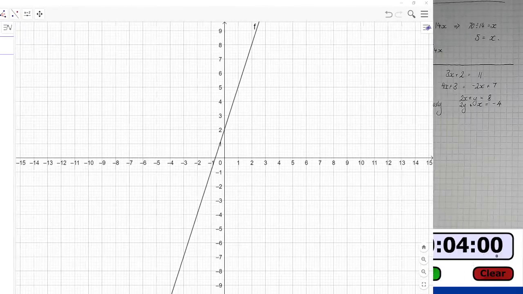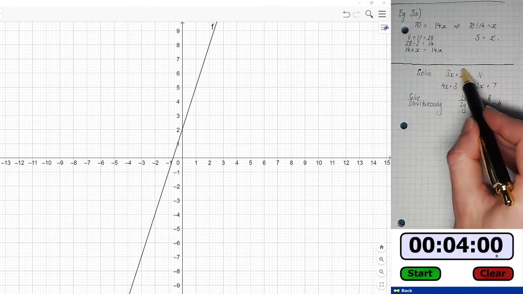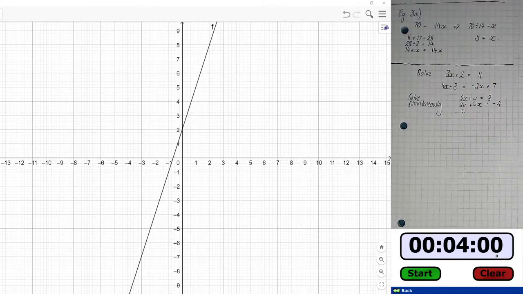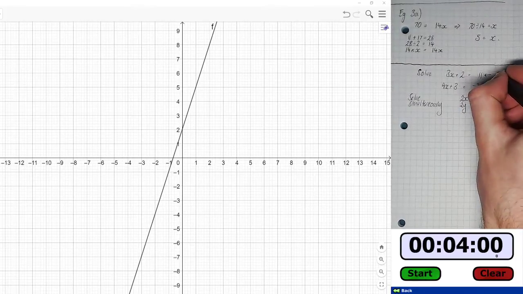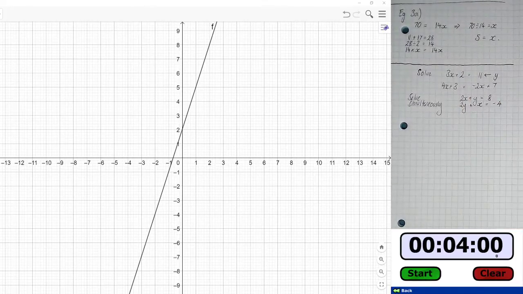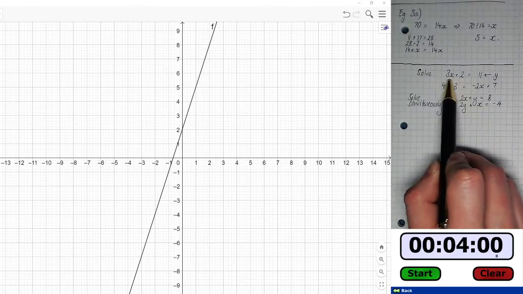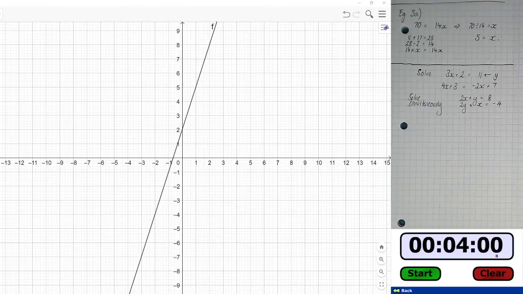Now, what we need to think about is when this thing is equal to 11. That 11 is effectively our y value, because we have our x values here, like we would for a normal straight line graph. The thing that we were missing was our y value.